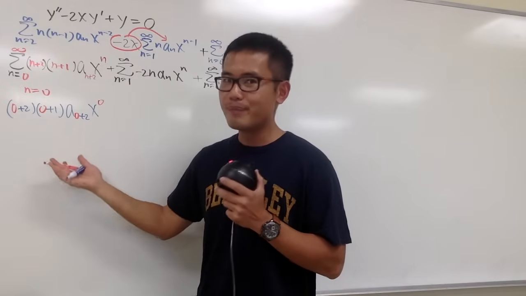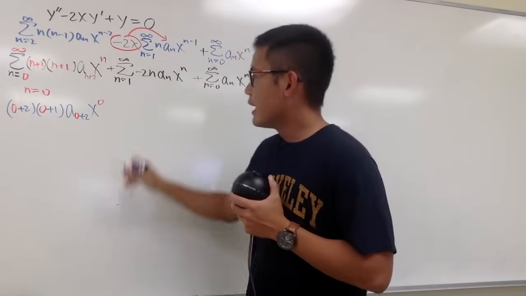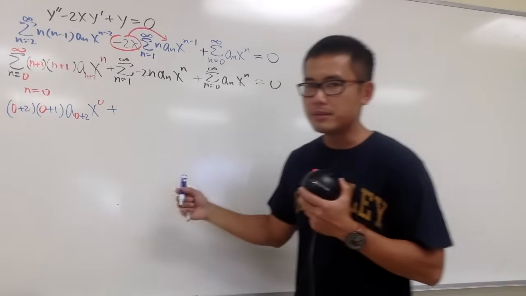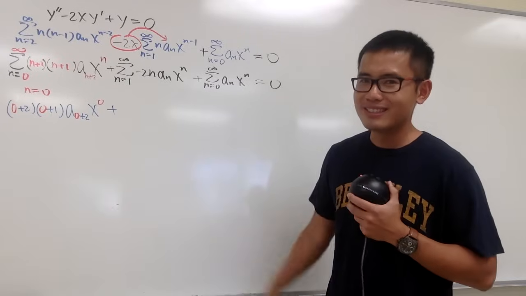That's the first term when n is equal to 0. The next term is when n is equal to 1, and the following terms are when n is equal to 2, and so on.